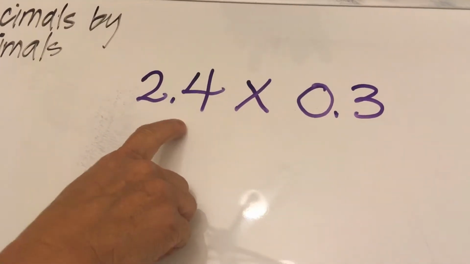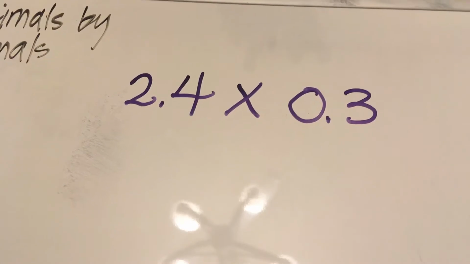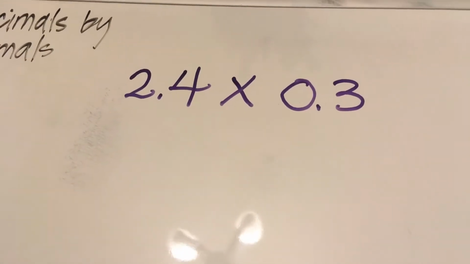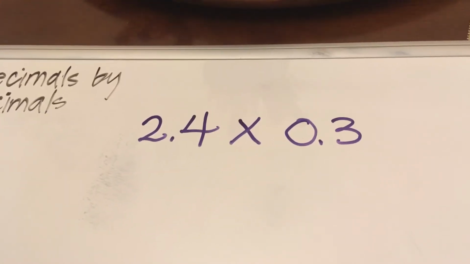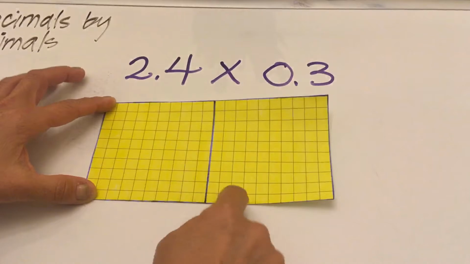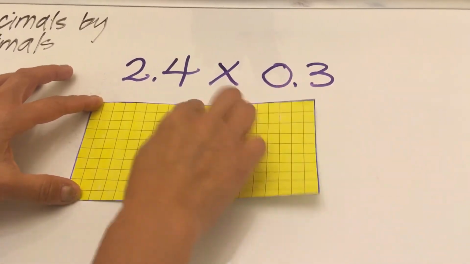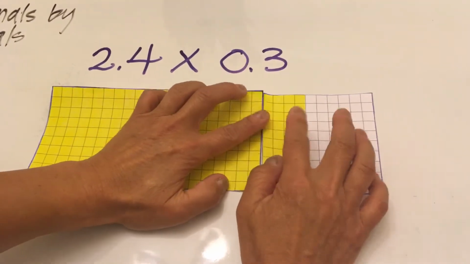So my 2 and 4/10, you can think of it as I'm going to the grocery store and I'm purchasing a pound of grapes and it costs $2.40 a pound. So I've shaded here. This represents my 1 whole. This represents another whole, and this here represents my 4/10.